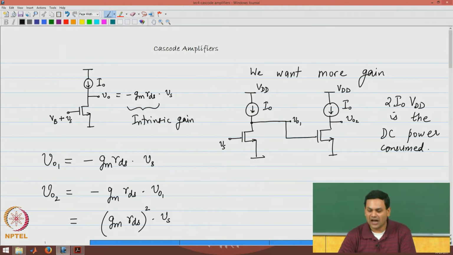Now, suppose I want to get a gain of Gm RDS the whole squared, but I do not want to use twice the DC power. We need to come up with a different circuit that is capable of doing this.